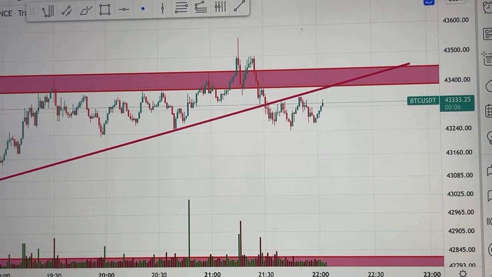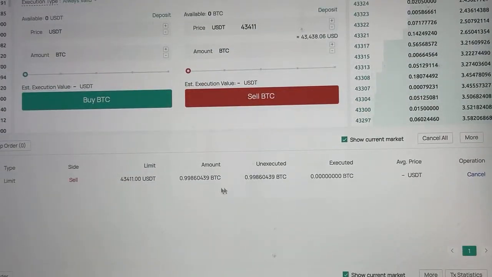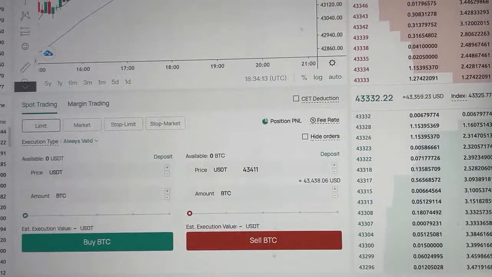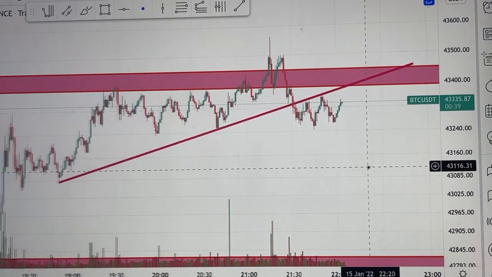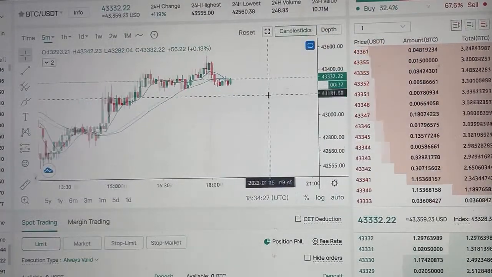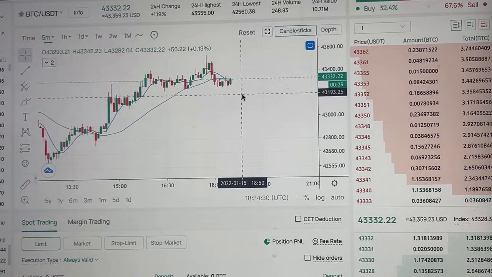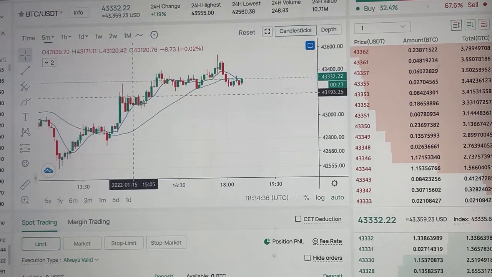Okay guys, if you are new in my live, I'm going to sell one Bitcoin at 43,411. I'm going to sell it at this price. Okay, and I'm going to buy it back at some lower prices. I can see some tree driver pattern here.